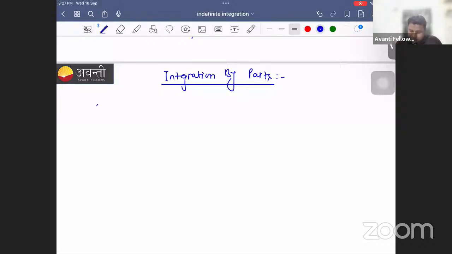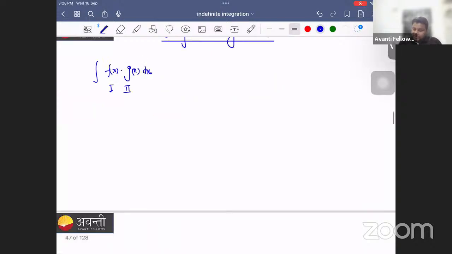Like if there is integration fx into gx dx, now we will assume one function as first, another function as second function. This first and second can be taken in the order by the rule, no, not a rule, I should say, by a convenient way, ILATE.